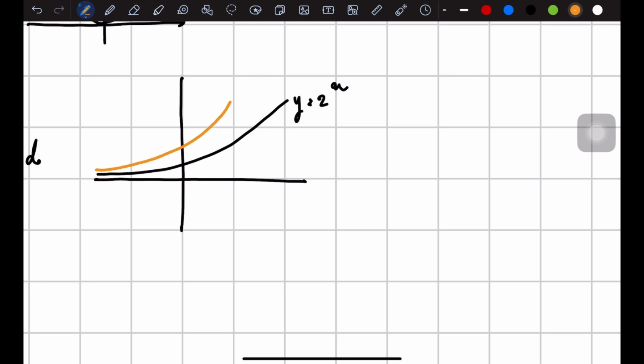It's going to have a higher slope here, you see that one in comparison to this one. So we call this y is equal to 5 times 2 to the power of x. Now let's draw another one because we don't have much space here.